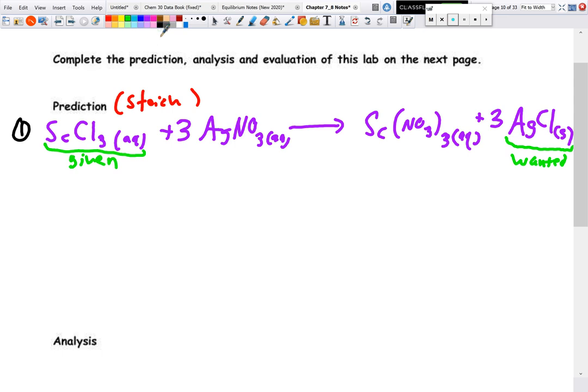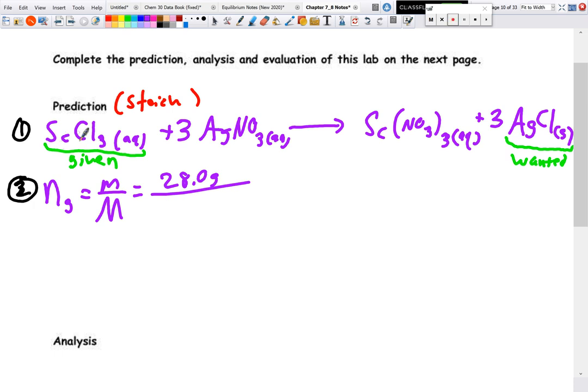And same thing with the molar masses. You can write this above if you want to, but I'm just going to use the molar masses when I need to. So our step 2 is find the number of moles of our given. The number of moles of our given is equal to mass over molar mass. Our mass was 28.0 grams. Now the molar mass of scandium chloride, ScCl3, is 1 scandium and 3 chlorines.